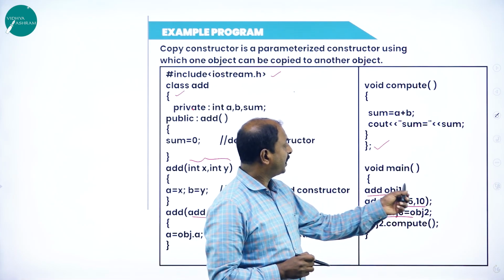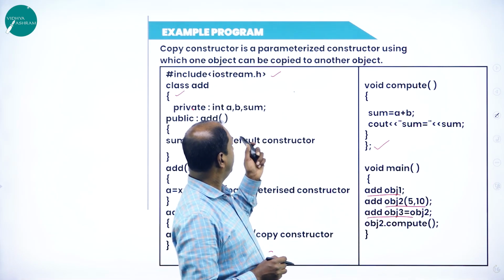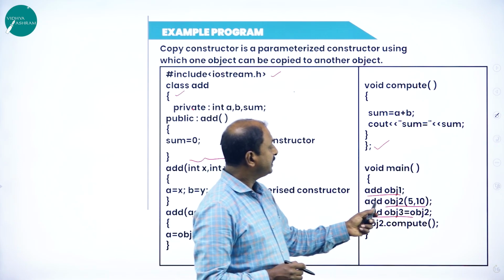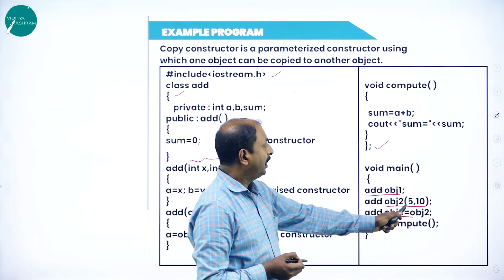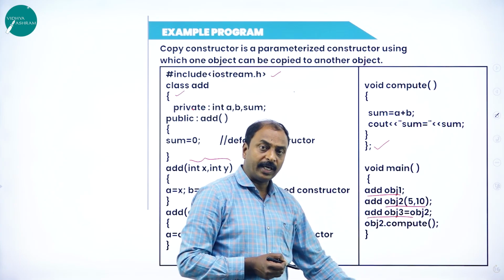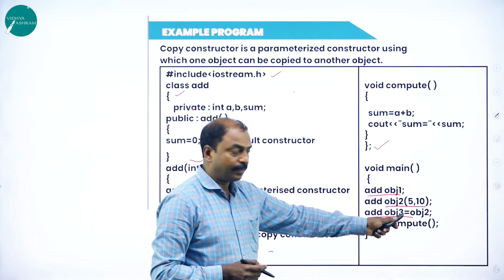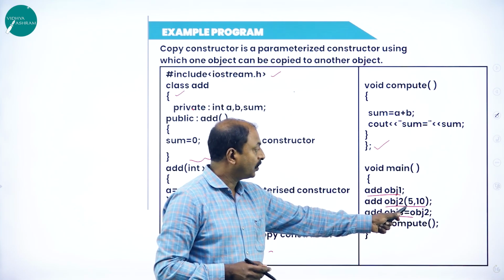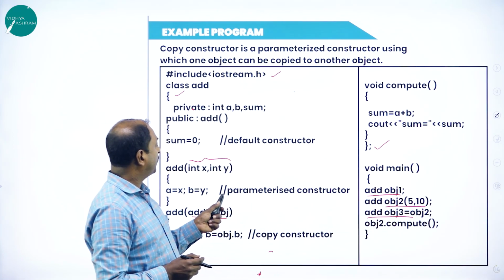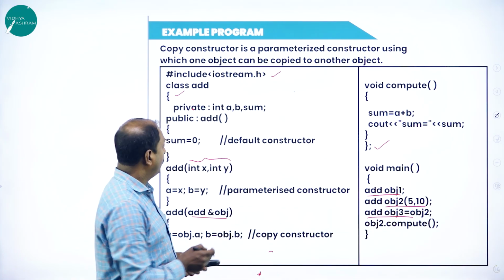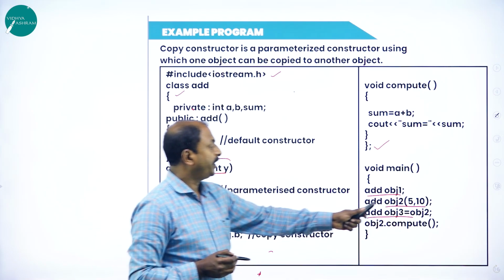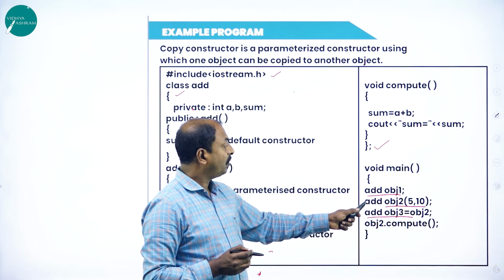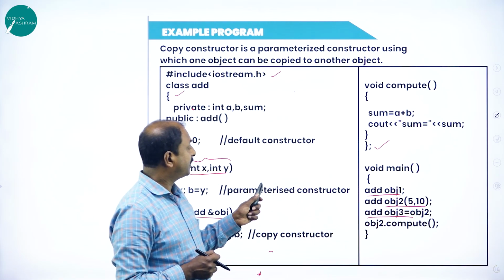So the first line invokes the default constructor. In the second one, if you observe, there are two parameters, 5 and 10 are the two values. So automatically the compiler transfers control to the parameterized constructor, where we can find two parameters for two different values. This is how we invoke the parameterized constructor.